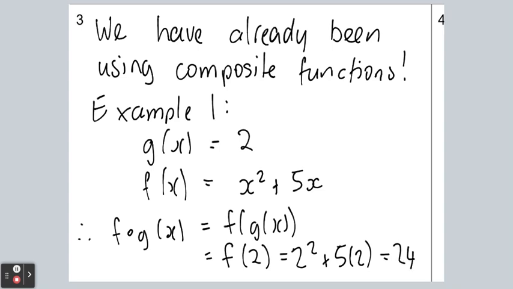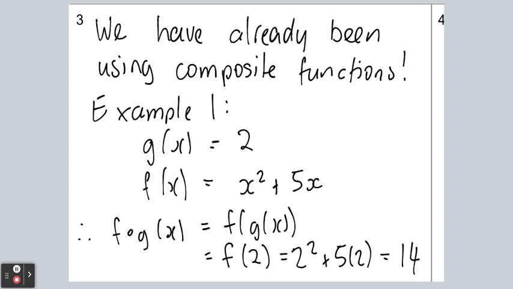I had to think about it and got it wrong. It just says 14 anyway. 2 squared is 4, plus 5 times 2 is 10, and that's equal to 14. Okay, are we okay with that?